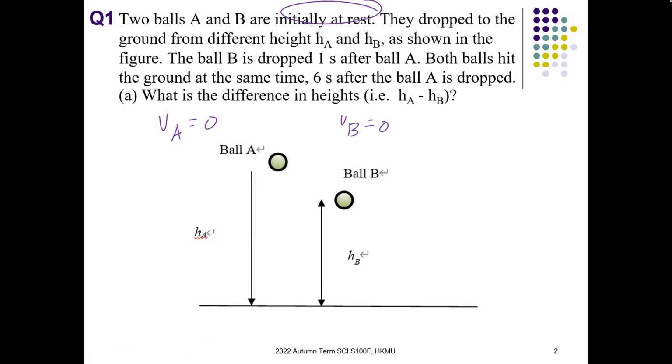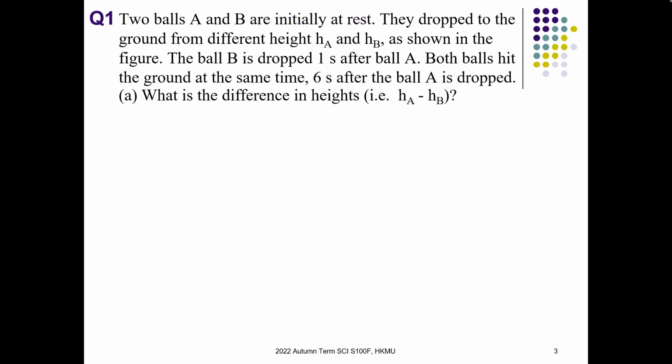To find HA minus HB, we simply find the displacement of both balls reaching the ground. Let's consider ball A first, because the drop of the balls should work independently. So we consider A only.